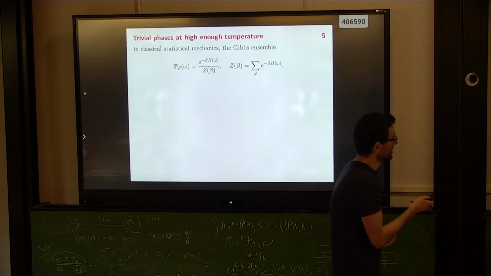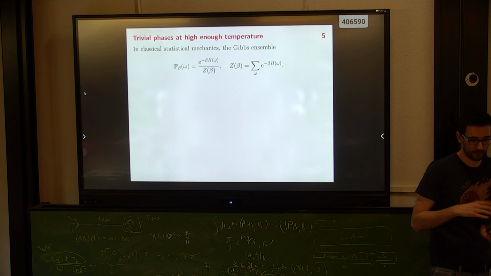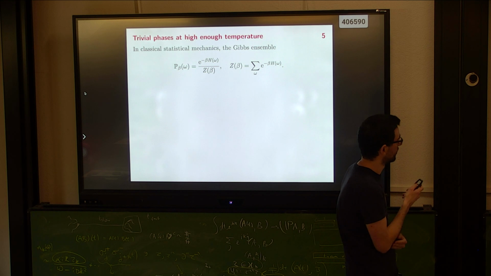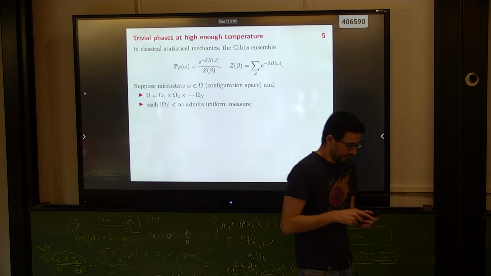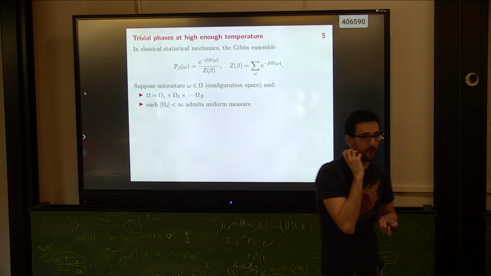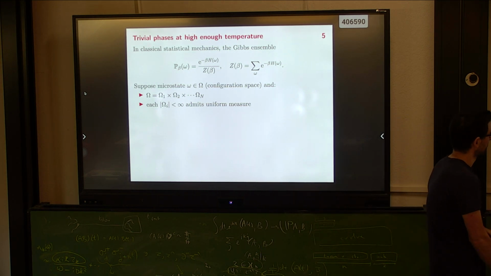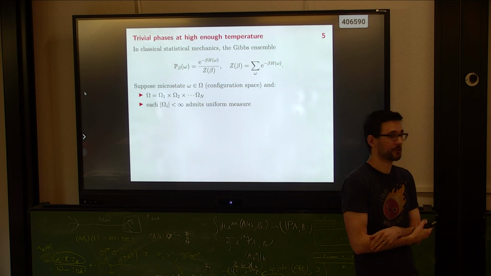So in classical statistical mechanics, we're interested in studying the Gibbs ensemble, where the probability of seeing microstate omega is proportional to e to the minus beta h. And I want to imagine that this microstate is taken from a configuration space, here capital omega. This is a set which I will make two assumptions about.